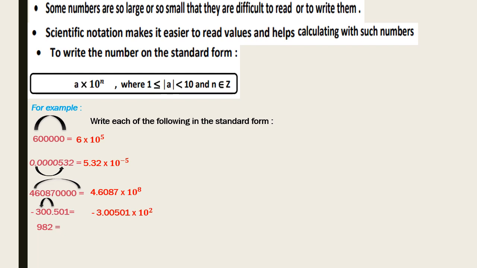Next, 982. We haven't here a decimal point, so move it from here to between 9 and 8. It will be 9.82, and we move to the left 2 steps, so it will be 10 to the power 2.